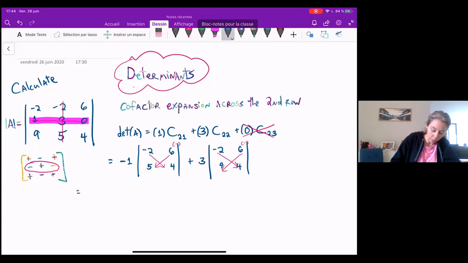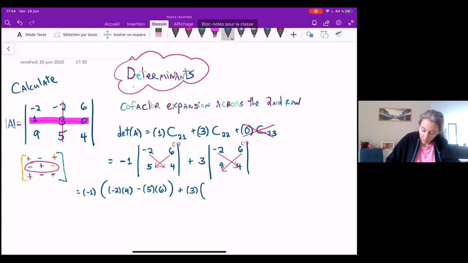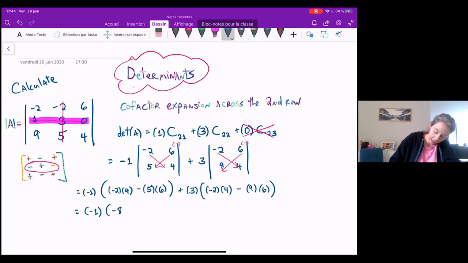So this is equal to negative 1 times negative 2 times 4 minus 5 times 6, plus 3 times negative 2 times 4 minus 9 times 6, which gives me negative 1 times negative 8 minus 30, plus 3 times negative 8 minus 54.